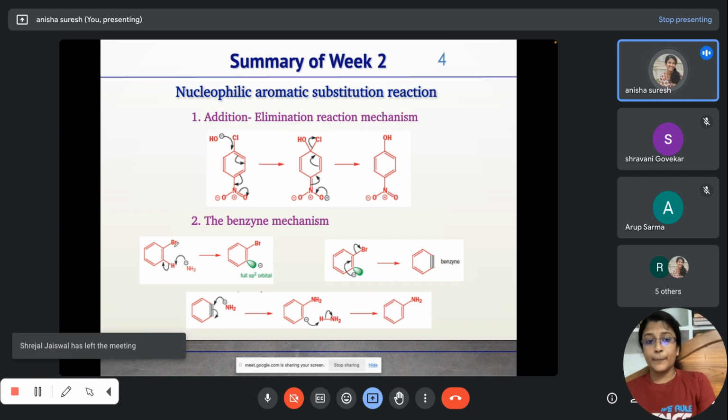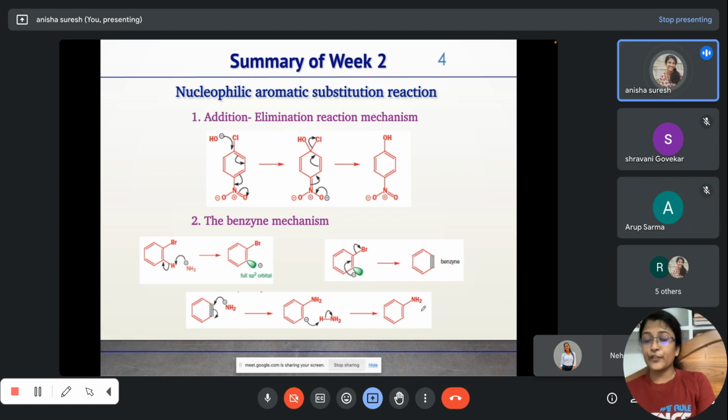So bromobenzene was converted into aniline in this reaction. Clear? Okay, so this was what was discussed about nucleophilic aromatic substitution reaction in week two.